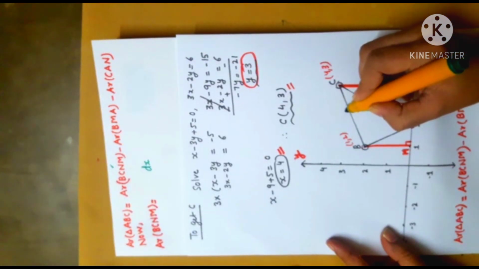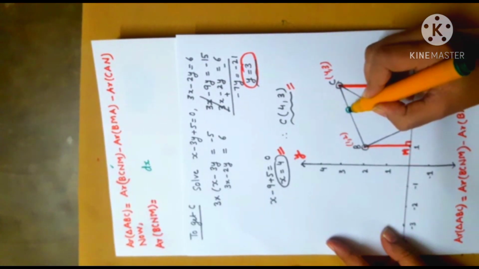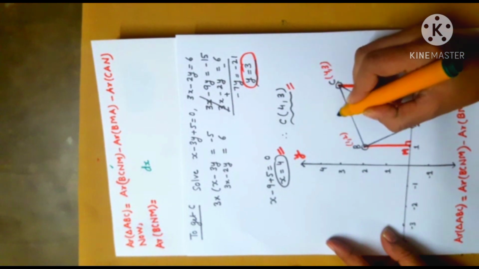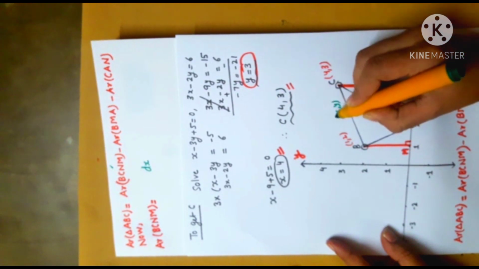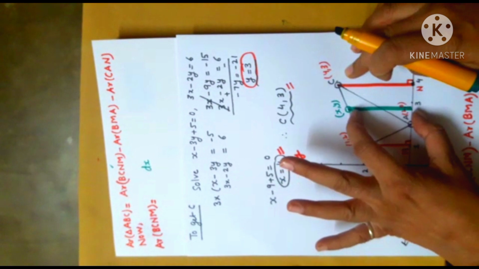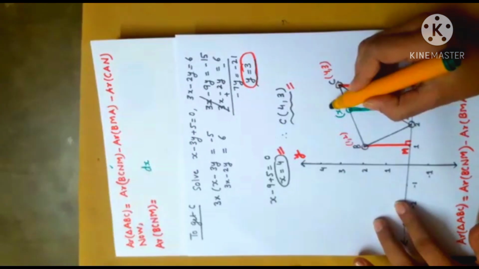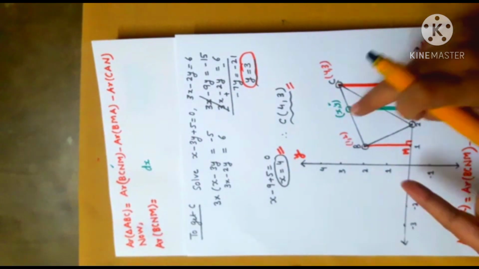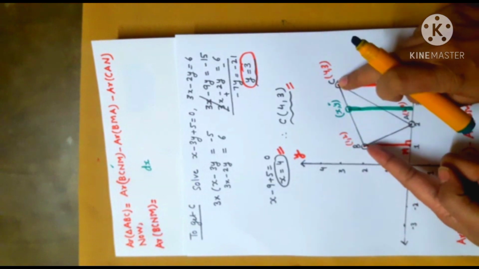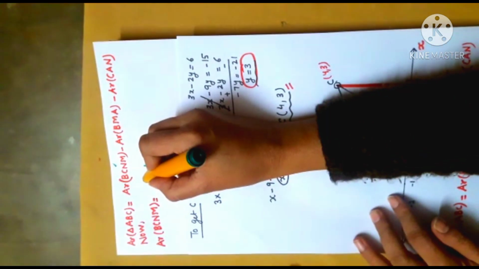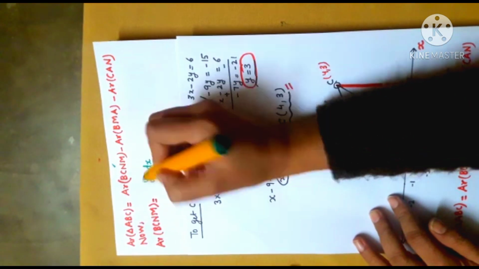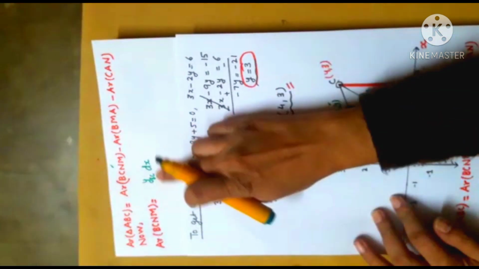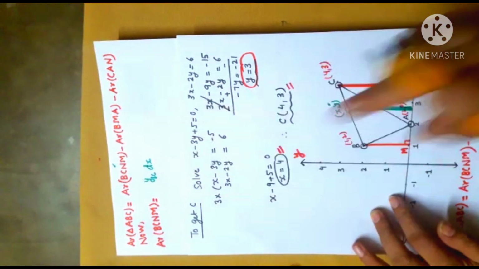Length of the strip, this point has coordinates x, y. So length of this strip will be equal to the y coordinate, but this point lies on BC. So it is y of BC, right? So this is the area of the elementary strip.